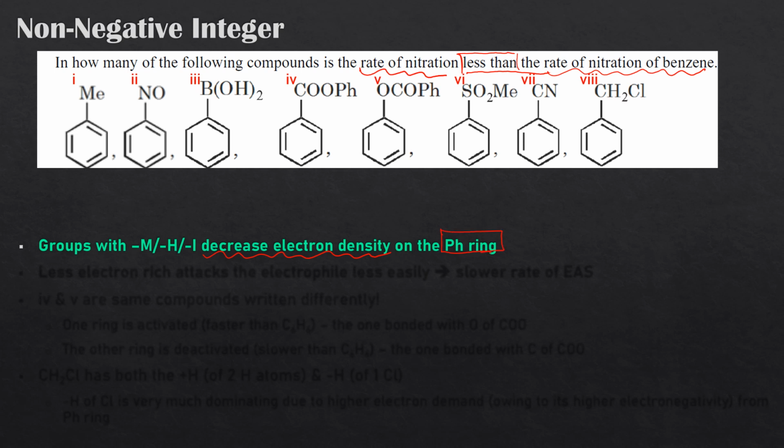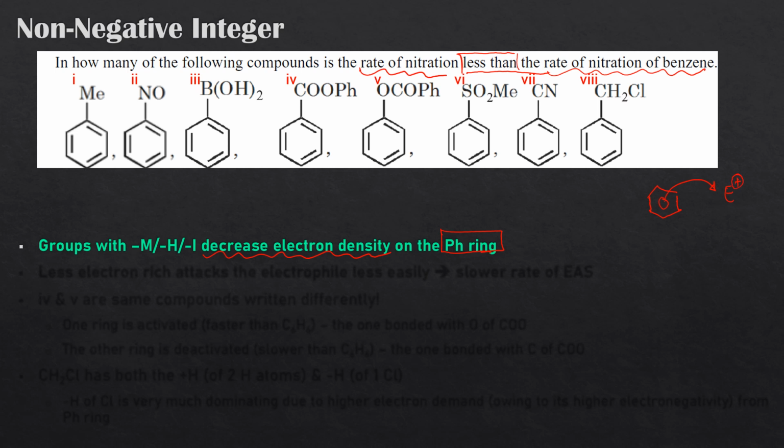And if there is less electron density on the benzene ring, the ability of this benzene ring to donate electrons is reduced, because this benzene ring is donating its electron to the electrophile in EAS reactions.